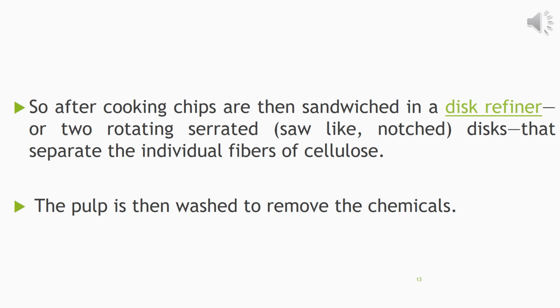So we can say that after cooking, the chips are sandwiched in a disc refiner. As we have stated about the attrition mill, similarly, after cooking, they are sandwiched in those disc refiners. What are those disc refiners?